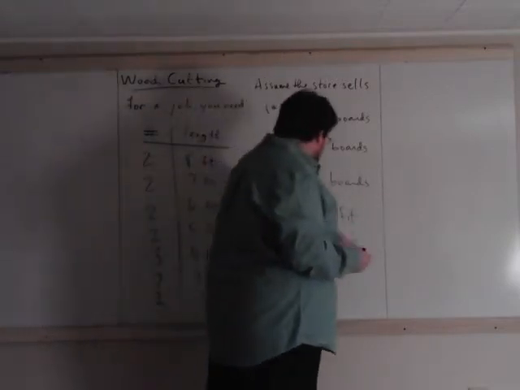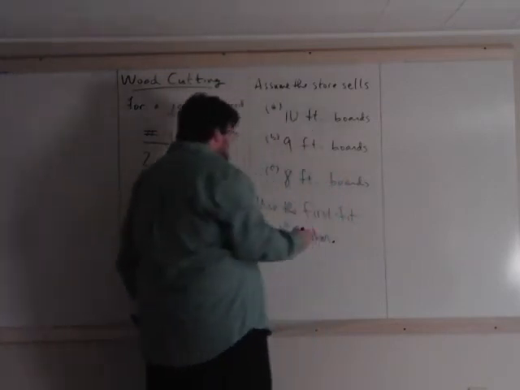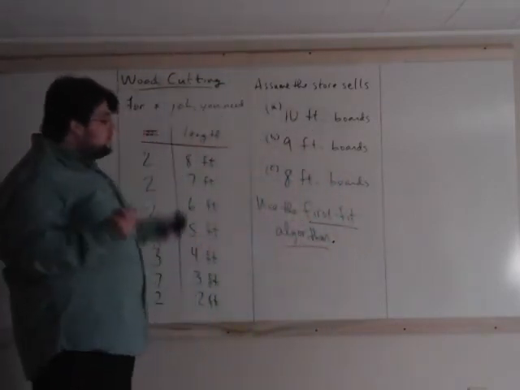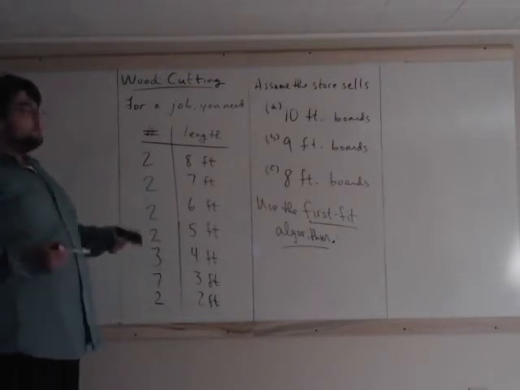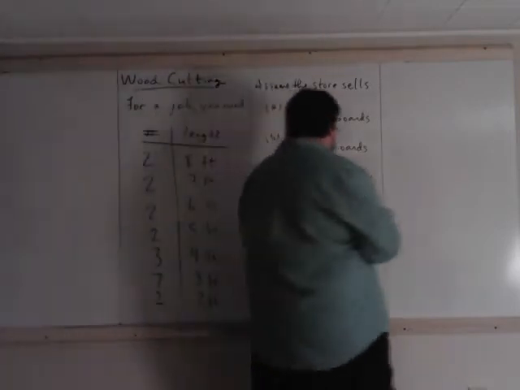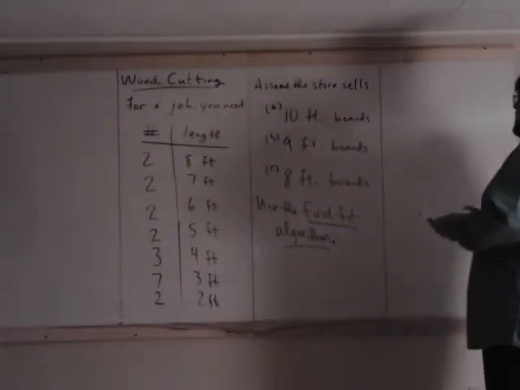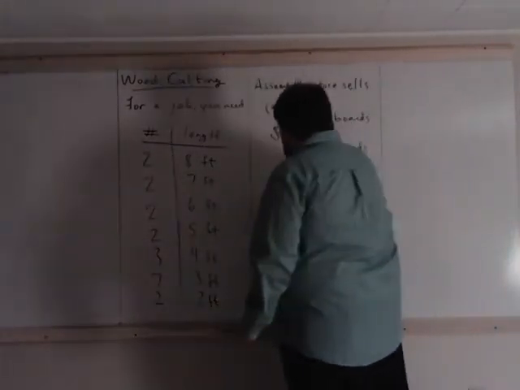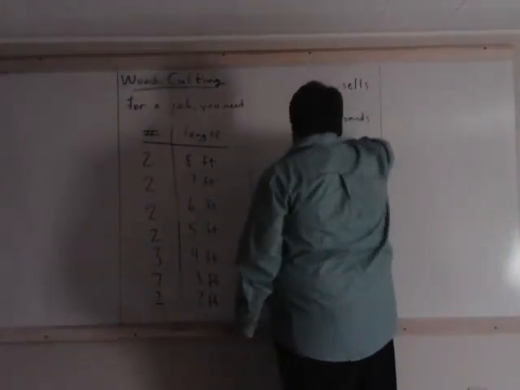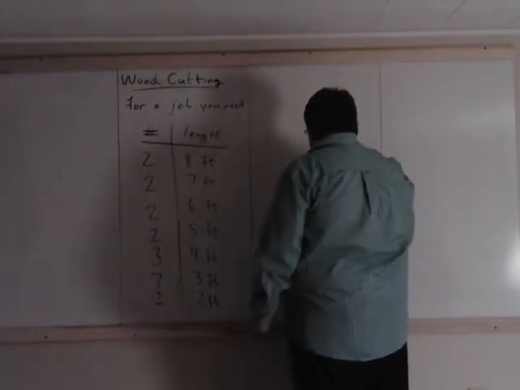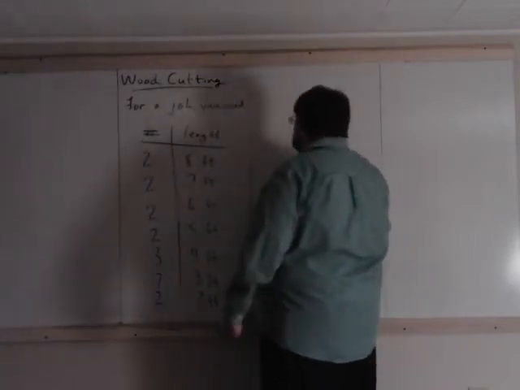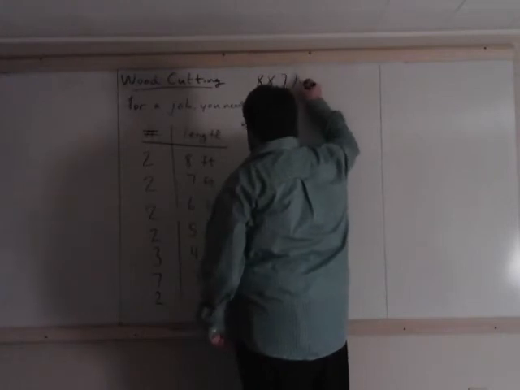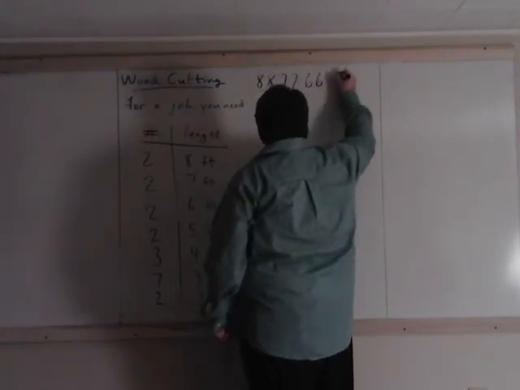It's called the first fit algorithm because you put something in the bin it fits in first. In this case, you use the board that the piece will fit on first. So we want 10-foot, 9-foot, and 8-foot boards. I'm not going to formally define the first fit algorithm. I think that's easier to see with an example than it is to formally define it. So we have 10-foot boards first. Let's write these in order, because I like crossing them out as we go on. I find it helpful for organizing.